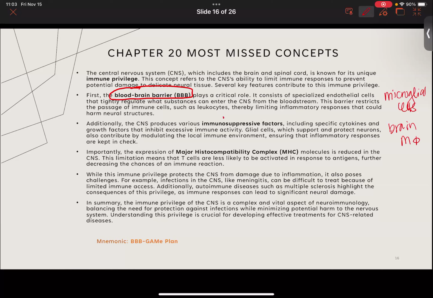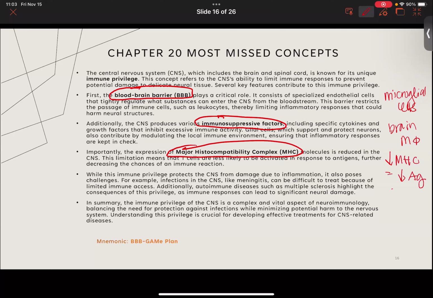We also have immunosuppressive factors in these tissues that help down-regulate our inflammatory responses. We also have less MHC molecules. If we have less MHC, that means we have less reaction to our antigens.